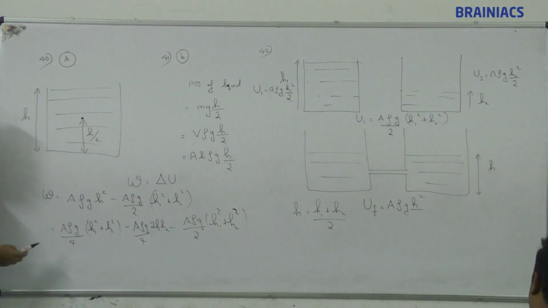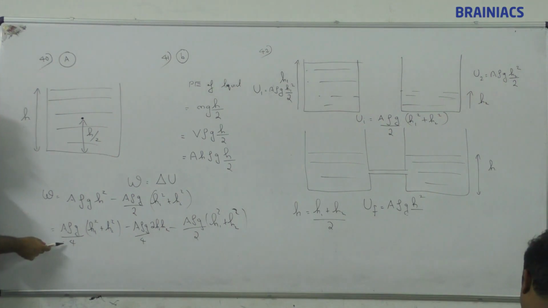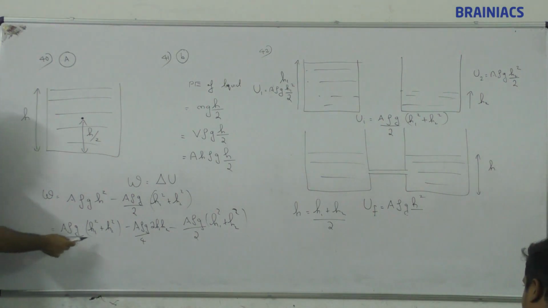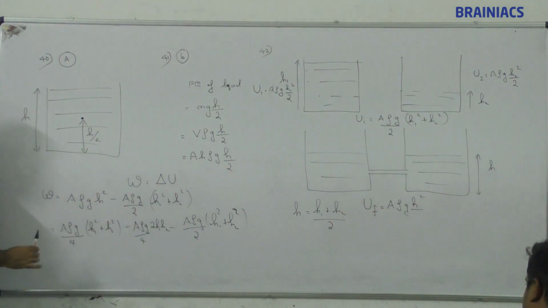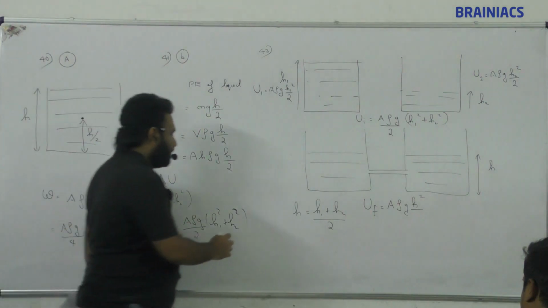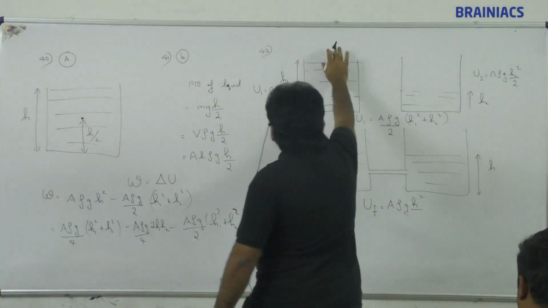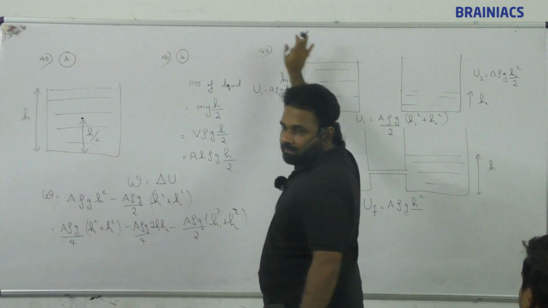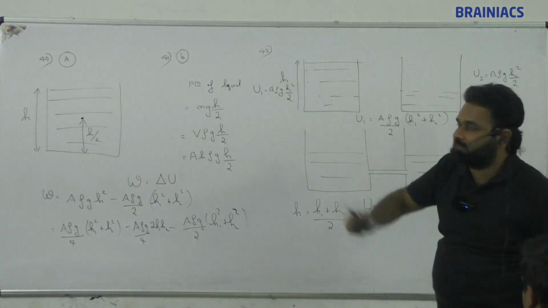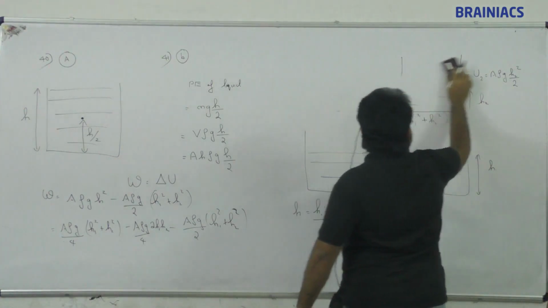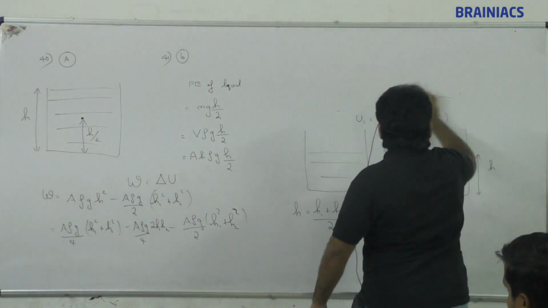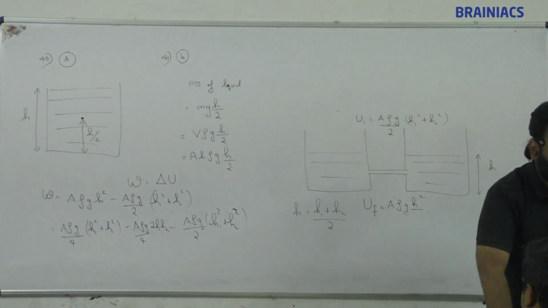Okay, now see children, this is the call, then what will be the result? Okay, so what I can write? That is not required, right?